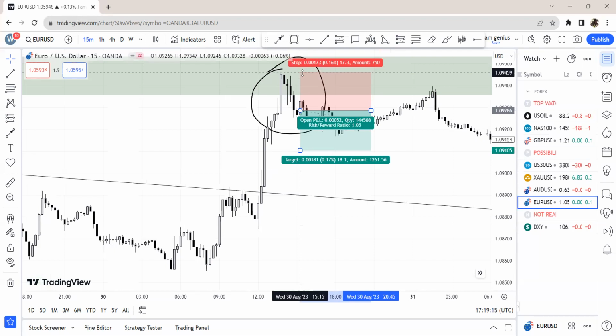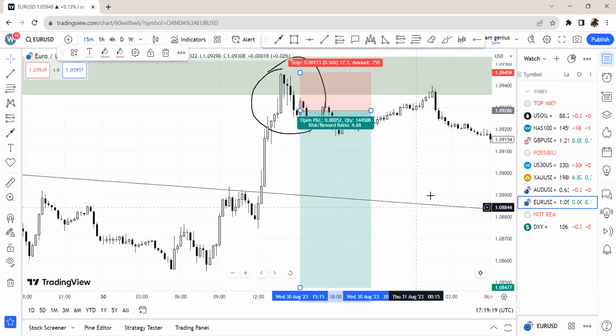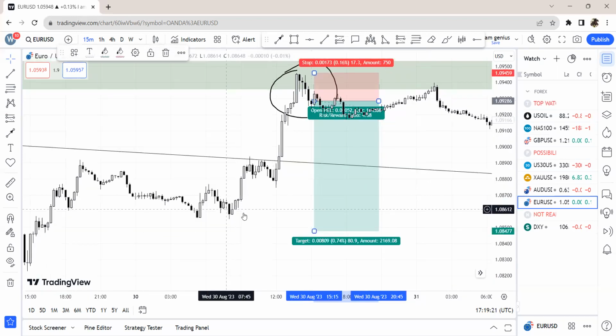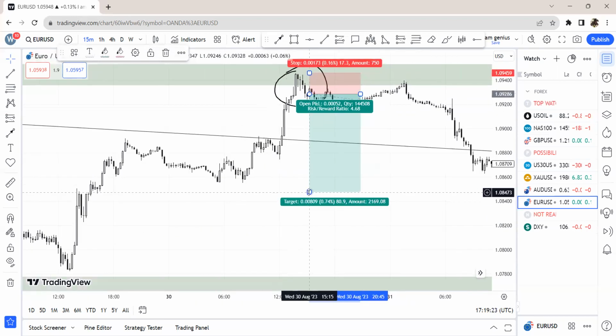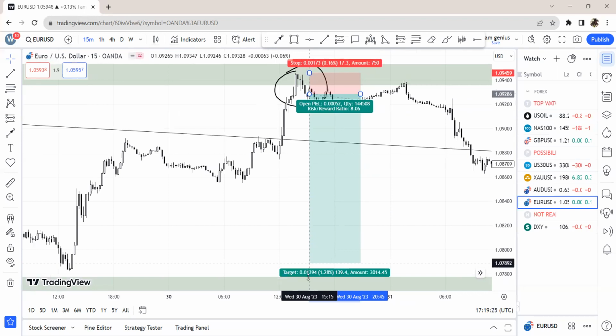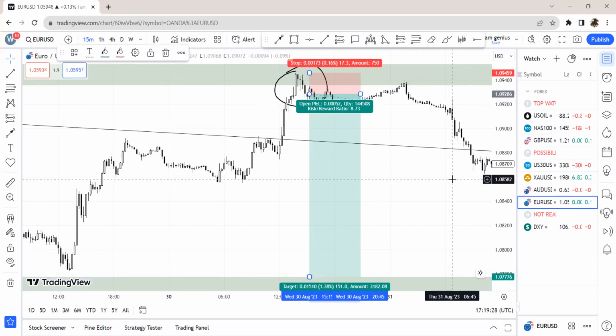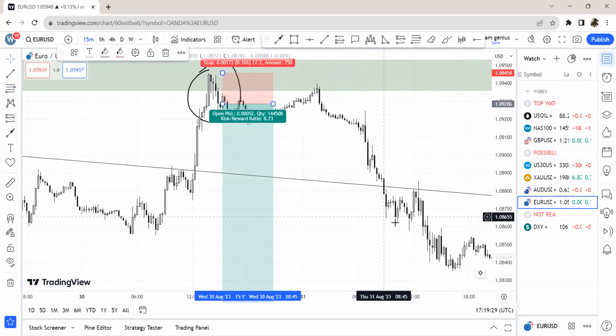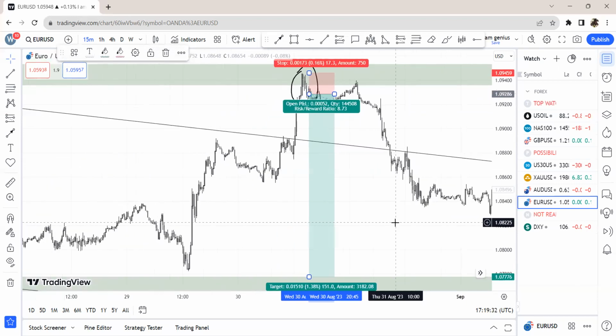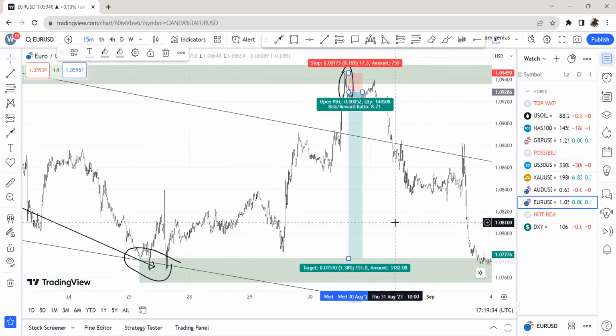Then you put your stop loss just right above that. Then you drag this all the way down to this green level here. Then we know for a fact that this market is going to move all the way to that level there.